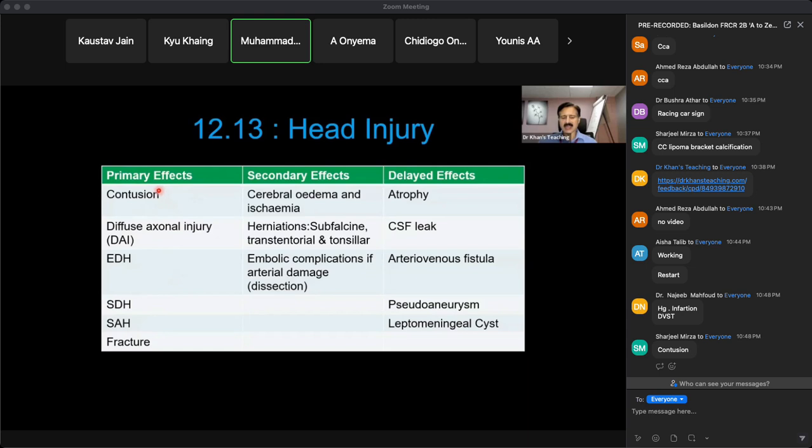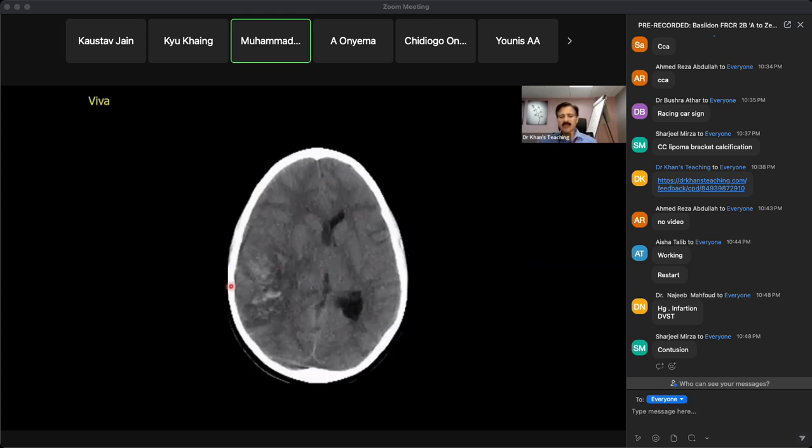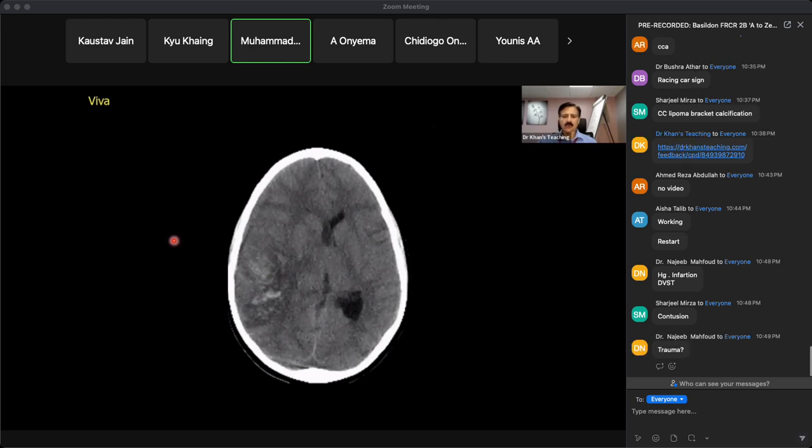So this is a contusion, and contusion, by definition, think like a bruise. A bruise is when, if you are playing cricket and you are hit on your elbow by a cricket ball, you will get a bruise there, on the skin surface. So the surface of the skin is the cortex.